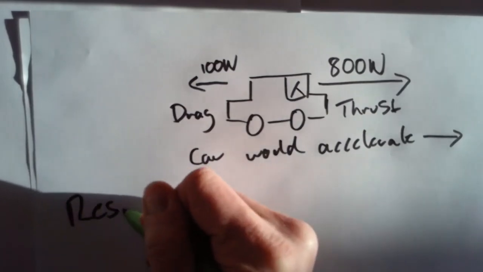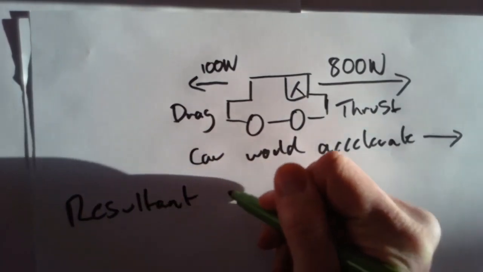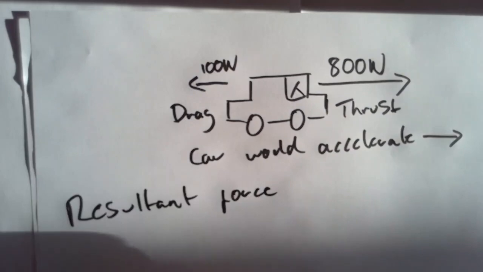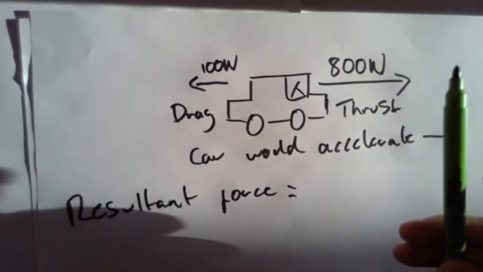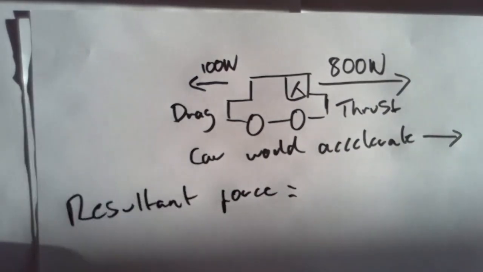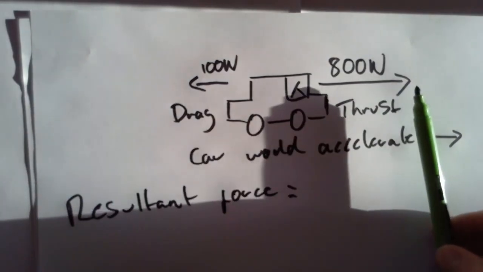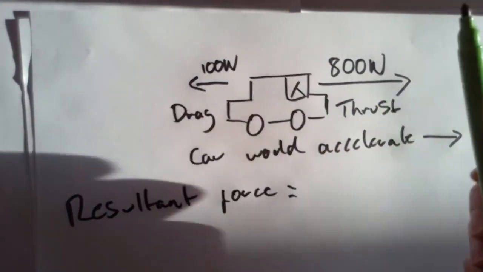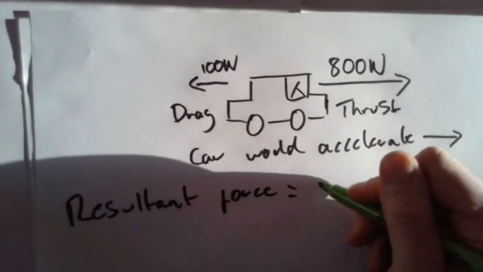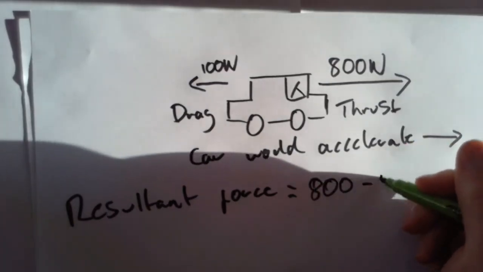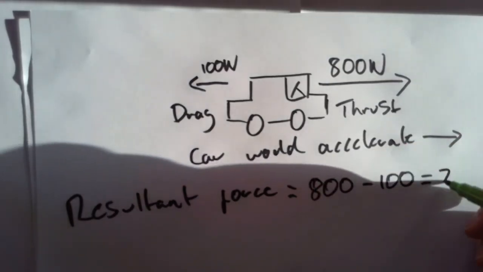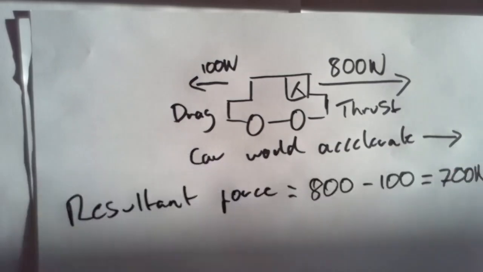The resultant force is what's left over when you counteract any forces that are acting in opposite directions. So we would do 800 minus 100 to give my resultant force of 700 newtons.